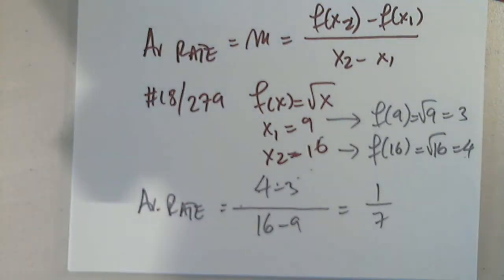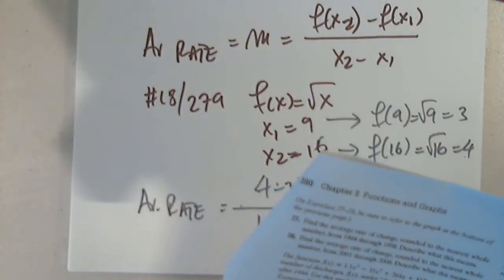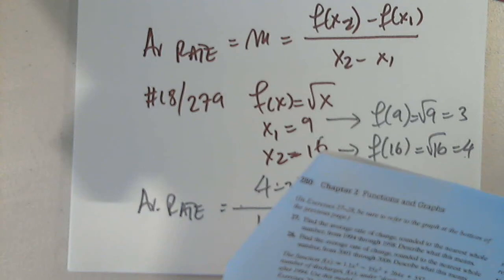And let's determine another one from a graph. So on page 280, I just would like to determine the average rate of change, whichever line, whichever 2 points you would like to consider. These points or these points? Number 1 or number 2?